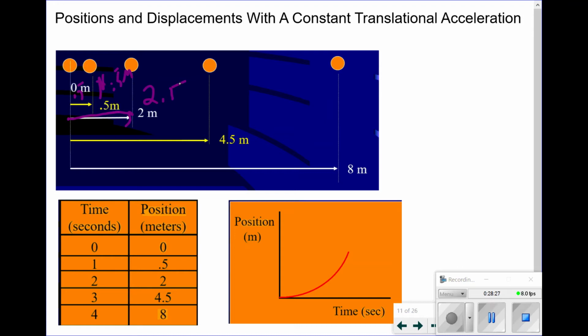So the distance I would travel total is 0.5 plus 1.5 plus 2.5. That gives me a total of 4.5. And so on down the line. So if this was 1, this is 3, this is 5, this would be 7, and 7 times 0.5 is 3.5 meters. And 3.5 plus the 4.5 that I've already traveled comes out to be 8. So we will always see this parabola when I am accelerating, speeding up as I am traveling.